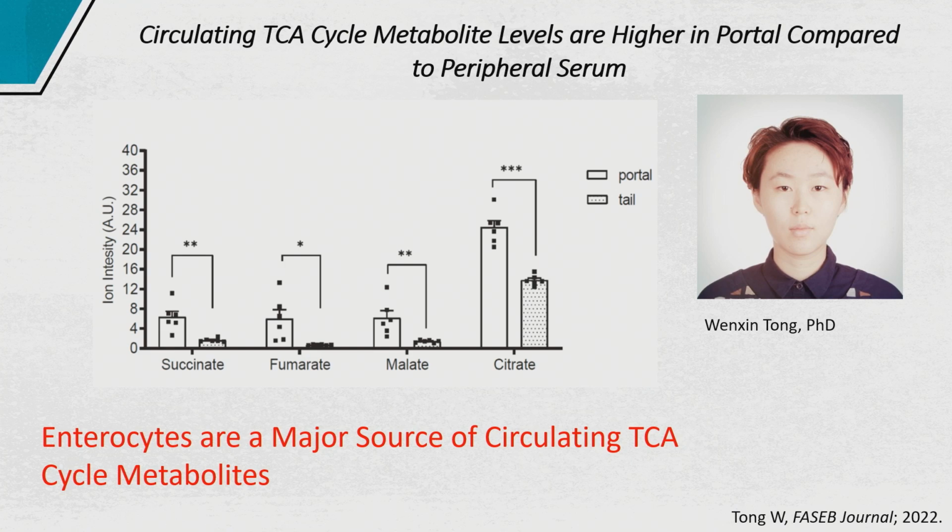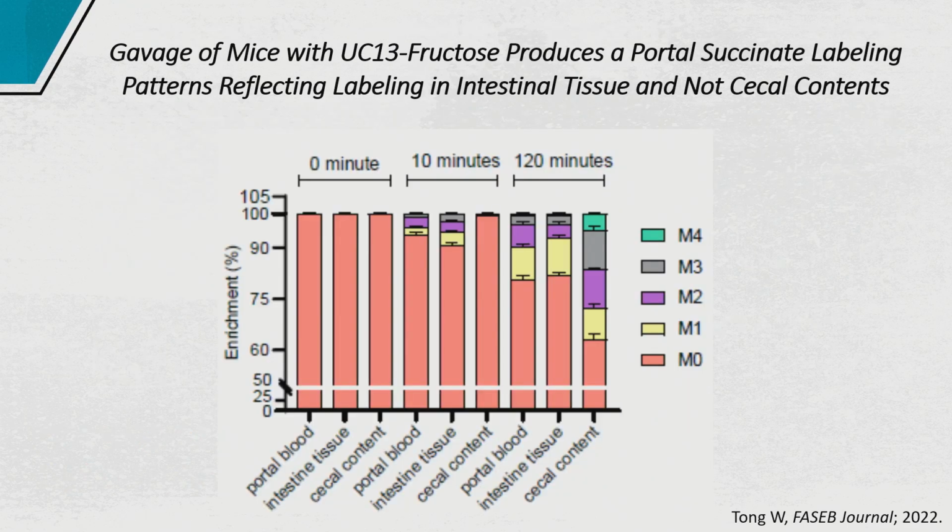I'm not going to go through all this data. It was published a couple of years ago, but it turns out that enterocytes are a major source of circulating TCA cycle metabolites, both in the portal and peripheral circulation. We've shown that now using UC13 labeled fructose as a tracer, where we can quickly increase labeling.